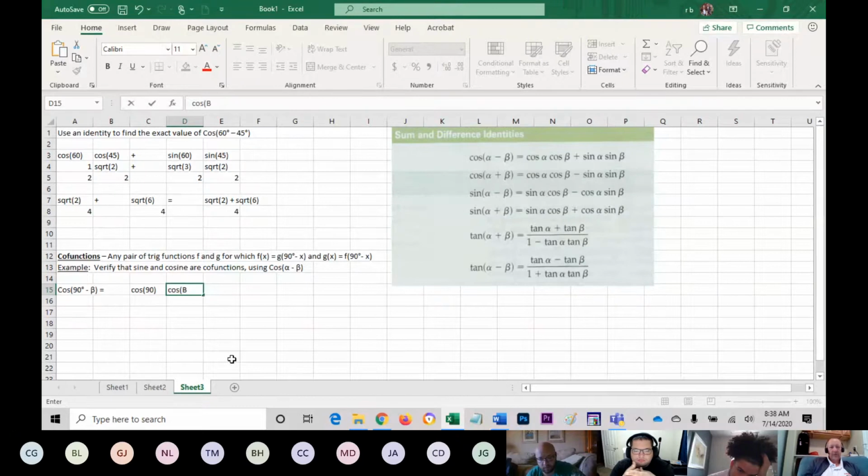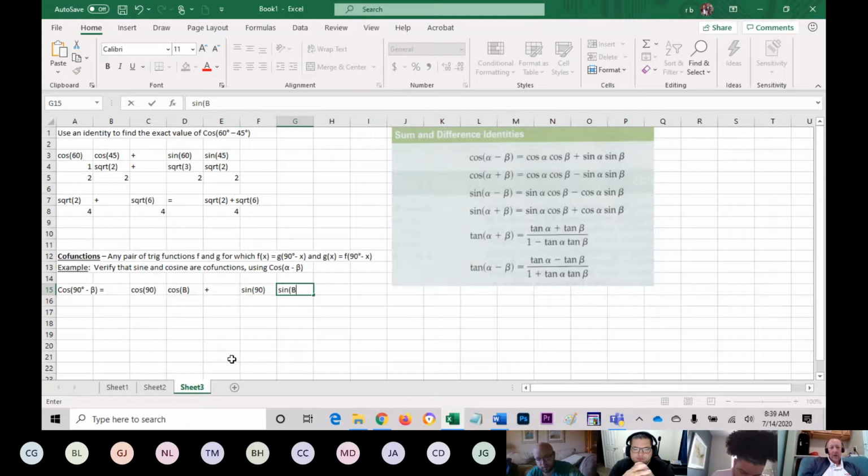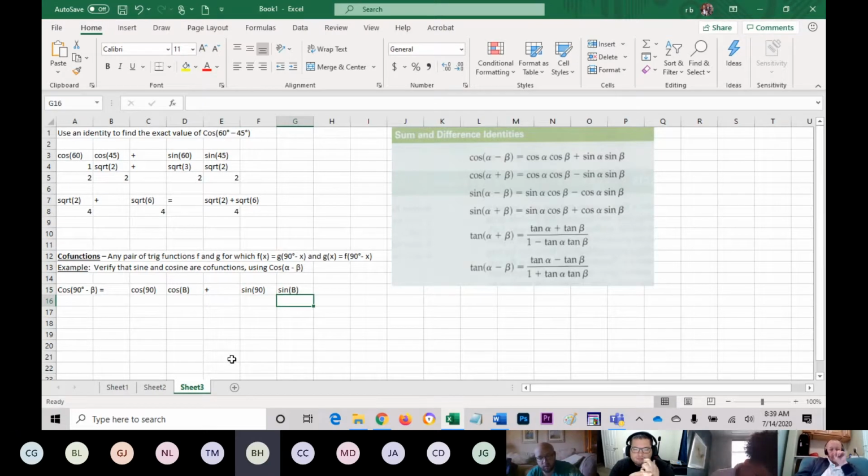I'll put B for beta. Okay. Plus sine of 90 degrees times sine of beta. Okay. All right, now, what is the cosine of 90 degrees?